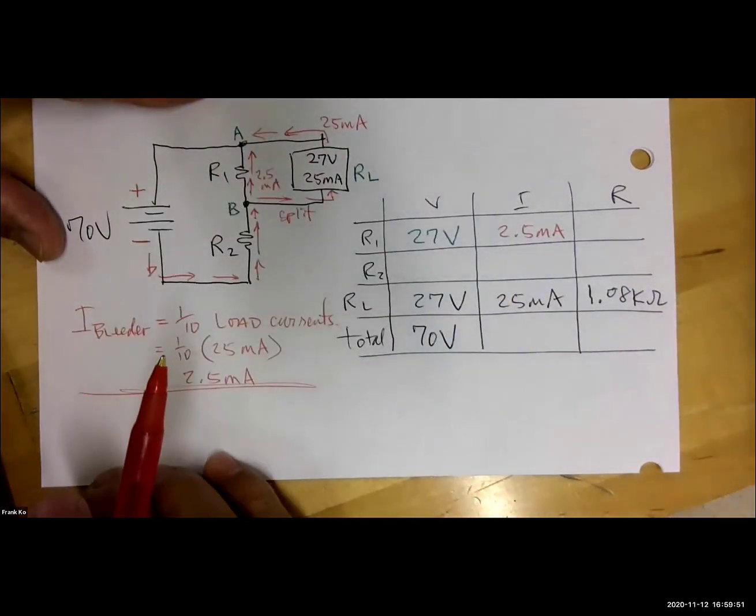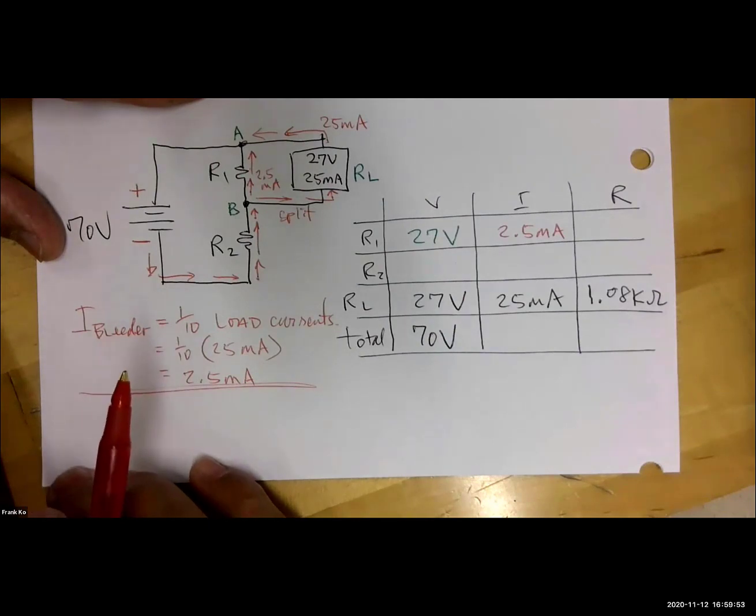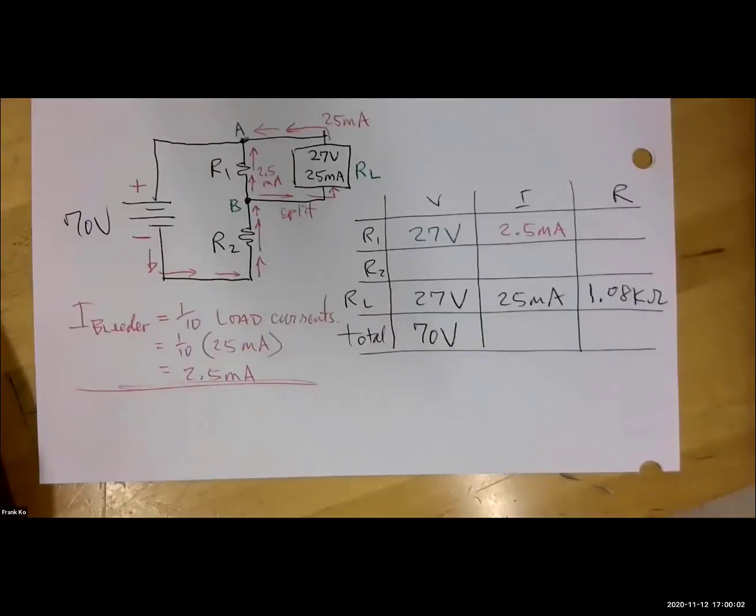So what would be the next step of what you would determine, Jackie? The current through R2. And how would you determine the current through R2? You would add the currents through R1 and the load.